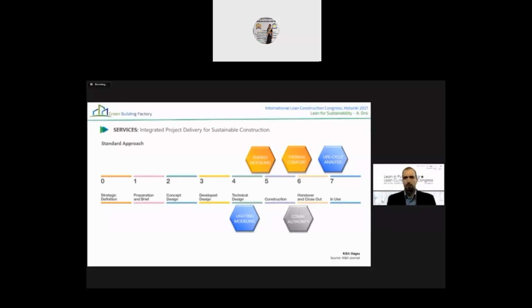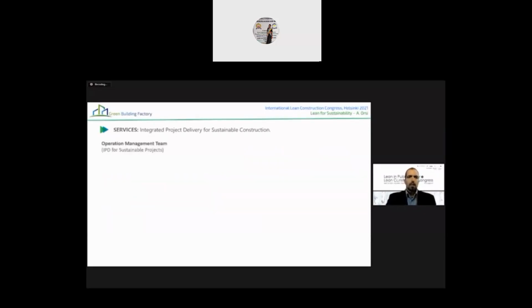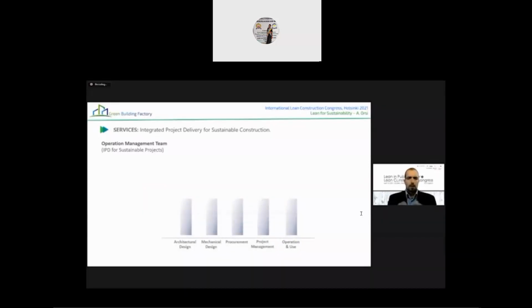And so we tried to solve that by creating what we call an operation management team. We don't approach the project from the timeline point of view, but from the field point of view. Here is just an example: architectural design, mechanical, procurement, project management, structural, whatever.